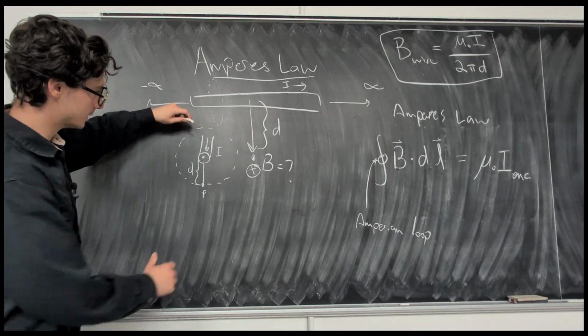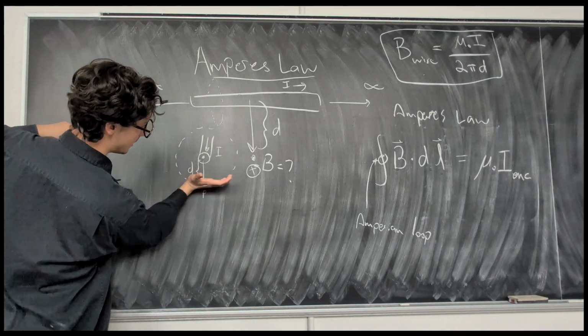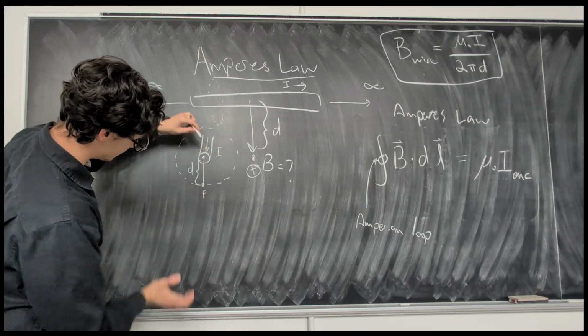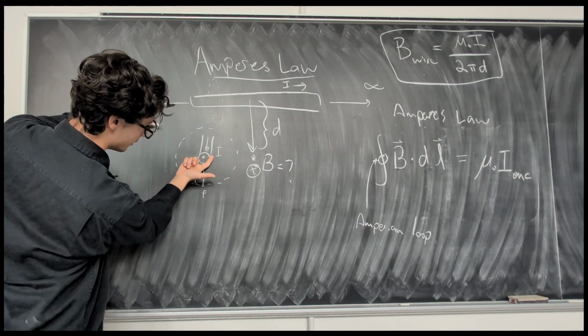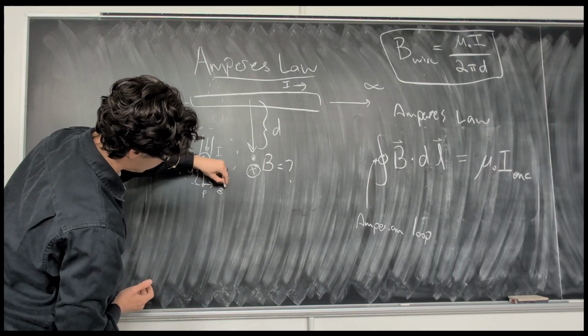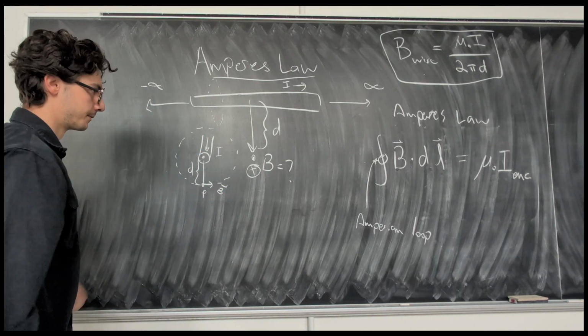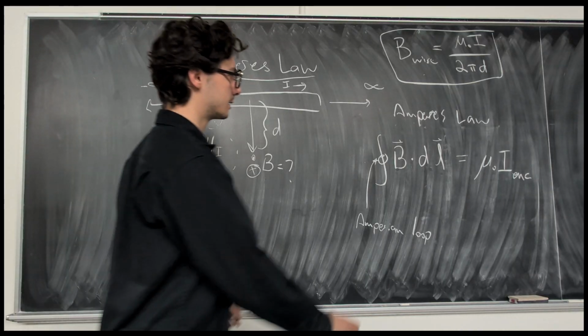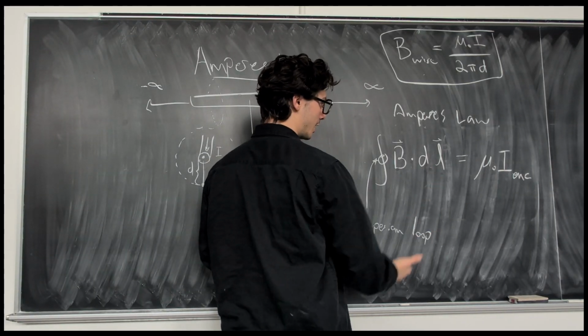So in this case, the current is going this way, which means the magnetic field is circulating around this way. Thumb in the direction of current, fingers wrap around in the direction of the B field. B field is going this way. The reason this is important is because this dot product cares about directionality.